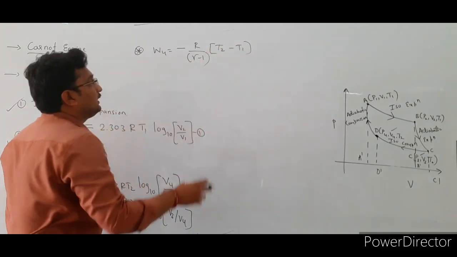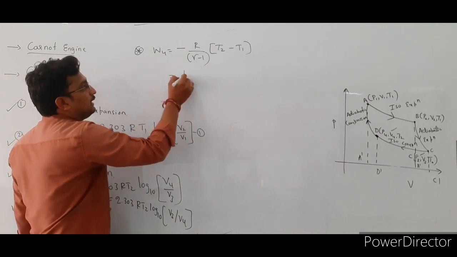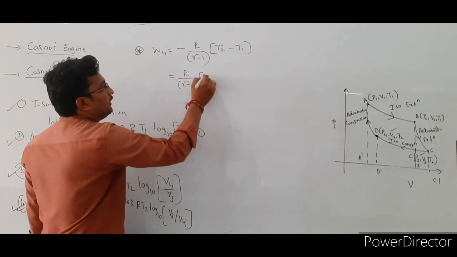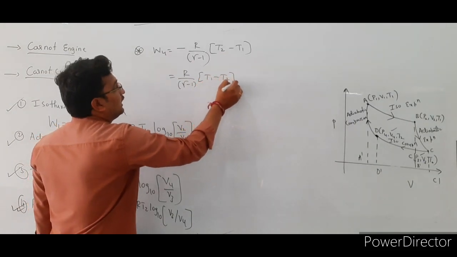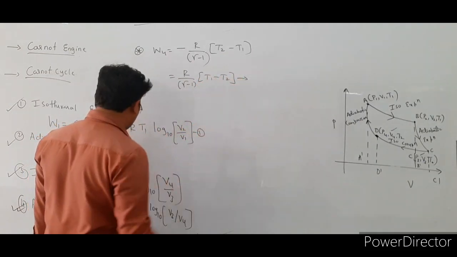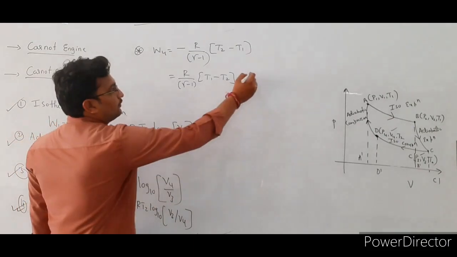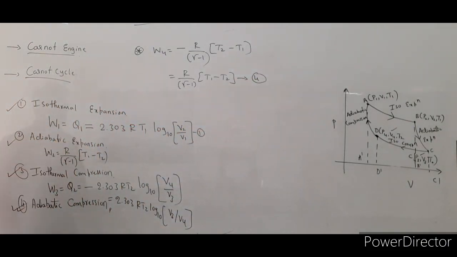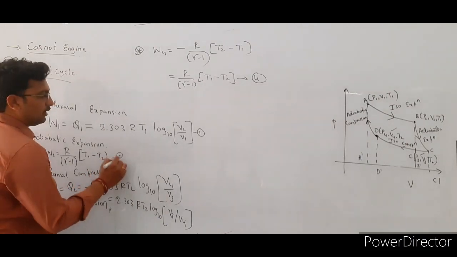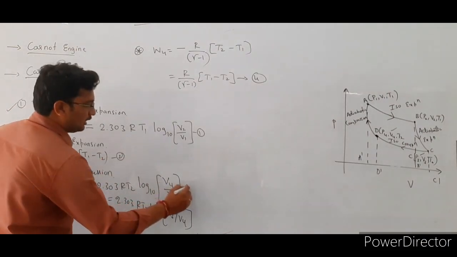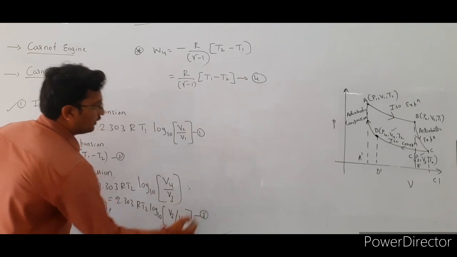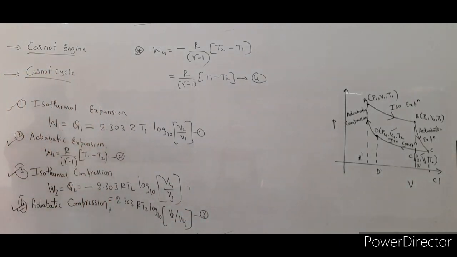So, after that take this negative sign inside, then the equation becomes R divided by gamma minus 1 times T1 minus T2. So, this is our equation number 4, right. So, this is our first equation and this is our second equation and this is our third equation, and that is the fourth equation.